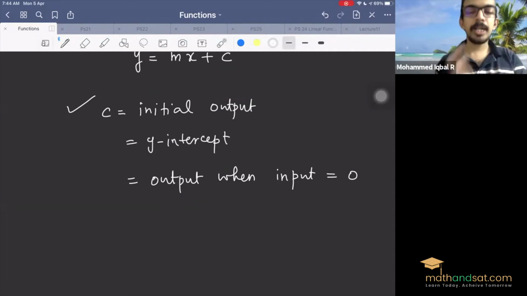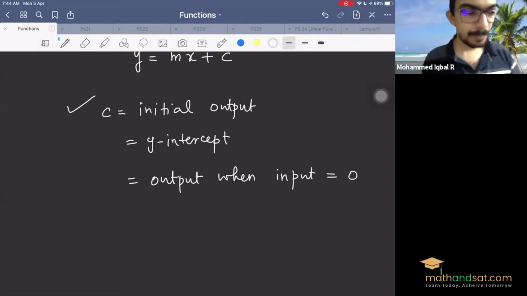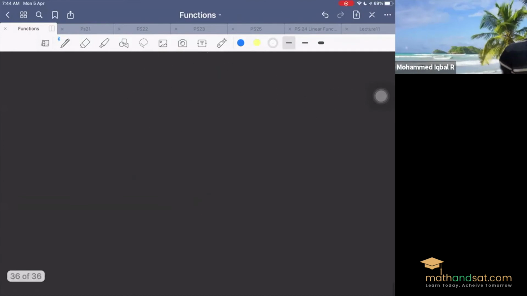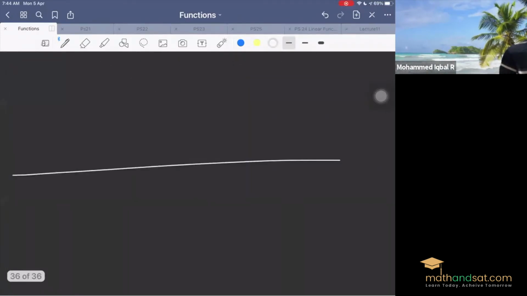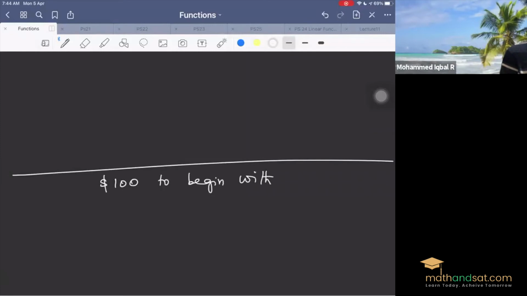You have $100 with you to begin with. Now you save $7 every day.